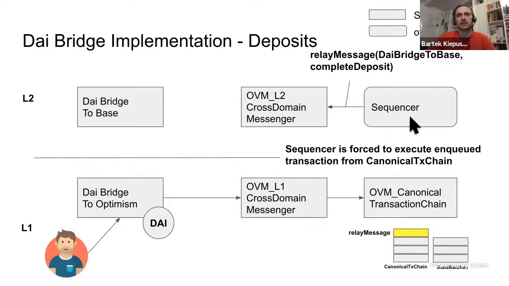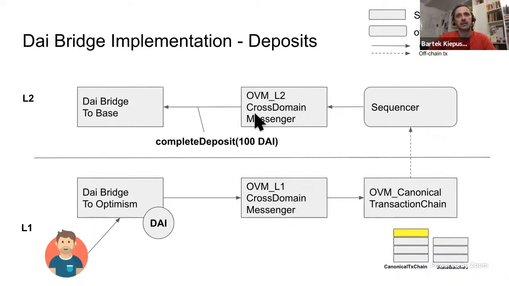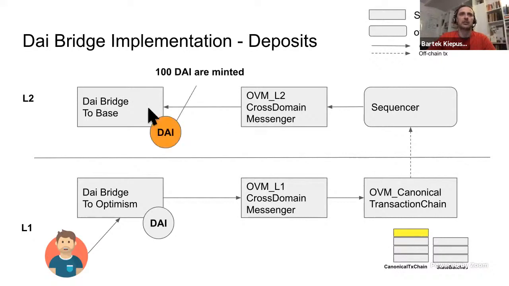So the sequencer has to execute it, and execution is very simple. It's just passing the data payload to whatever destination. In our case, it was the DAI bridge, and the method was complete deposit. The payload was 100. This informs the DAI bridge to mint the equivalent token for DAI on L2.